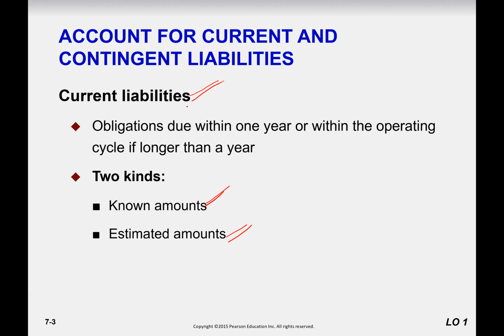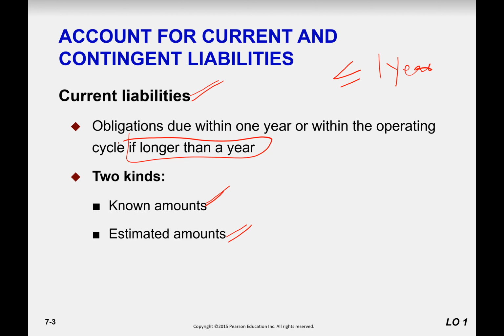As we know, current liabilities are those which are to be paid in less than or equal to 1 year. Or if your operating cycle or financial year is more than 1 year, then of course less than or equal to your financial year or accounting year.